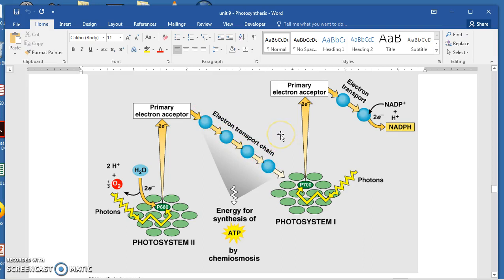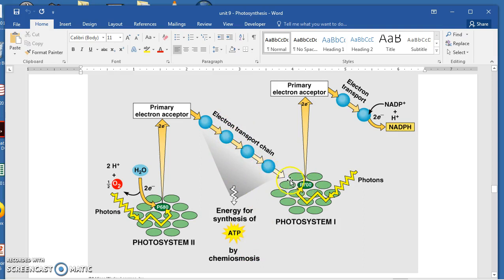If you remember in the last unit, I mentioned anytime you think of electron transport chain, couple that in your mind with a membrane. There's some kind of a membrane involved. And because ATP is being produced in this electron transport chain across a membrane, it's a chemiosmotic phosphorylation. ATP is produced. The phosphate is added to the ADP to form ATP. It's by chemiosmosis, chemiosmotic phosphorylation.